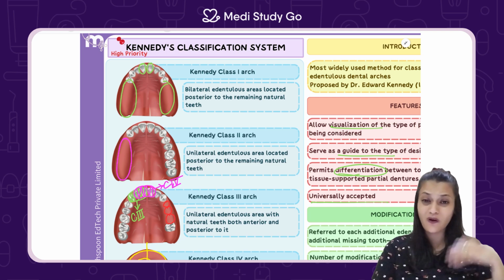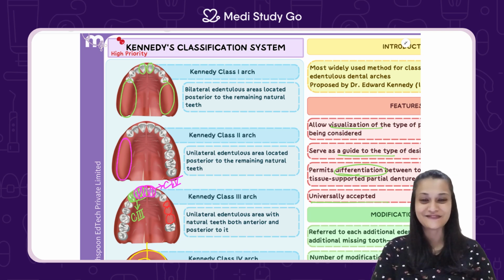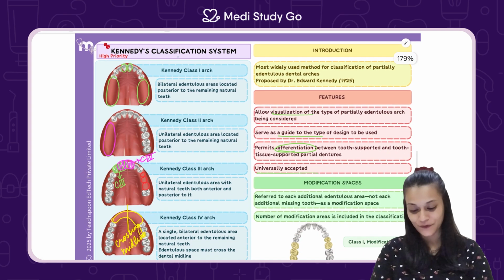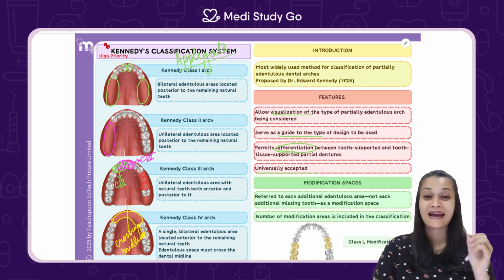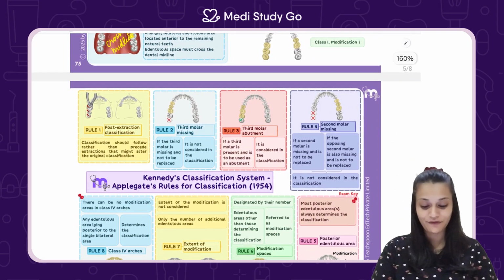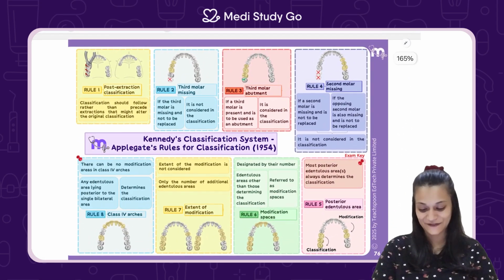Is it class 4 or class 1? For that, we had Applegate, who came with modifications. He had the same doubts as we have in our mind, and he said, let me give 8 simple rules that you can remember in order to never forget the classification.